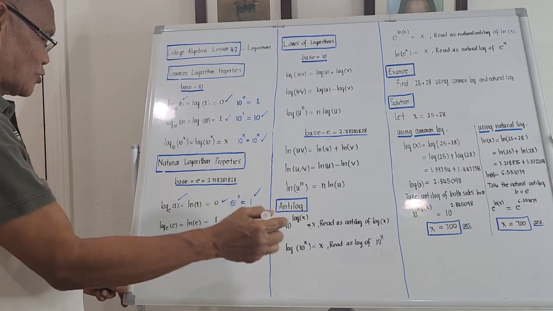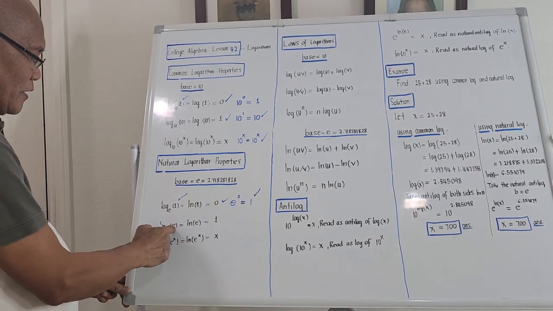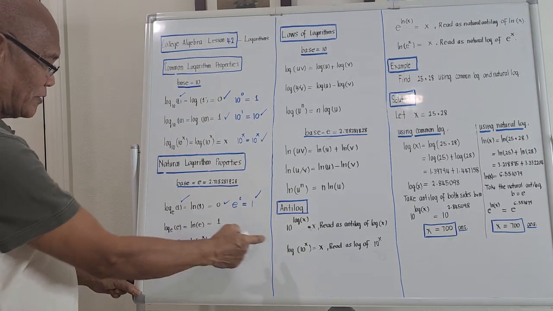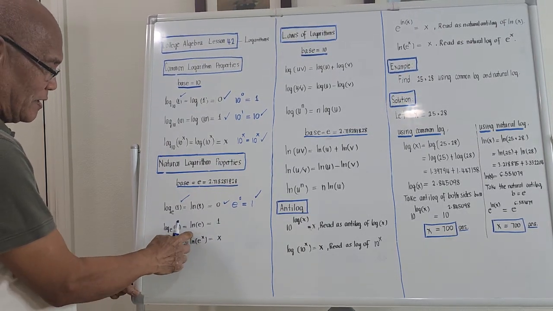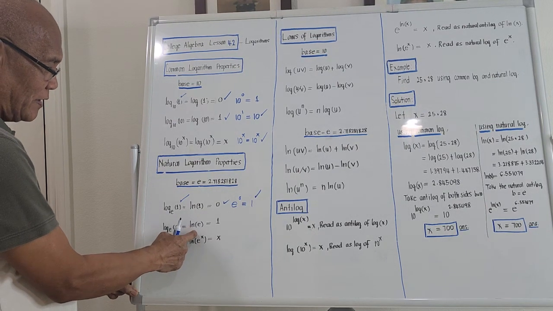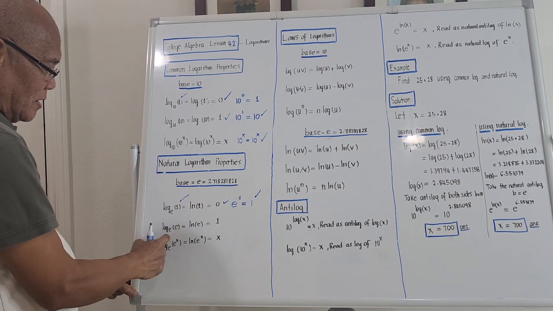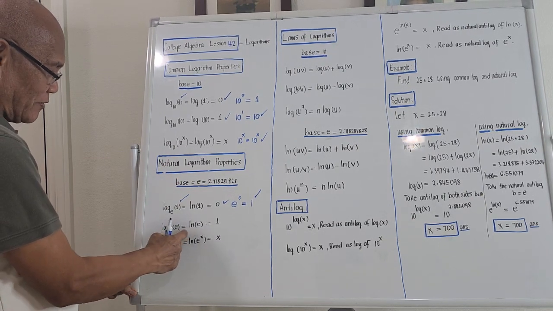Okay? Next one. The logarithm of e with the base e. The other way to write this one is without the base e. It will just be simply ln. It is understood that the base is e and that is natural log. So this one here is same as this one, okay?